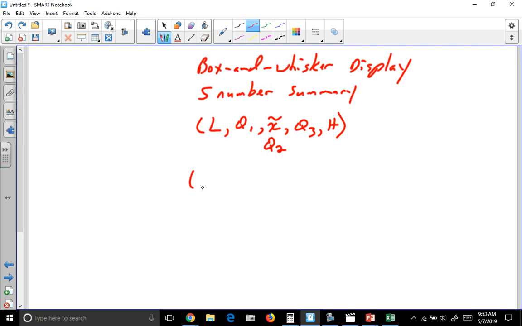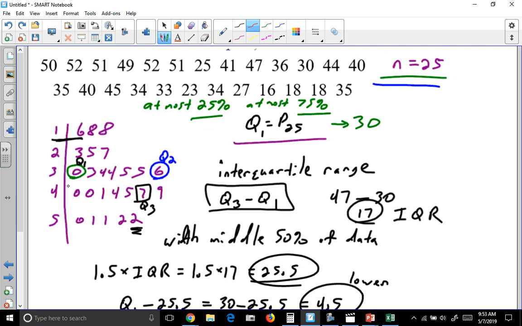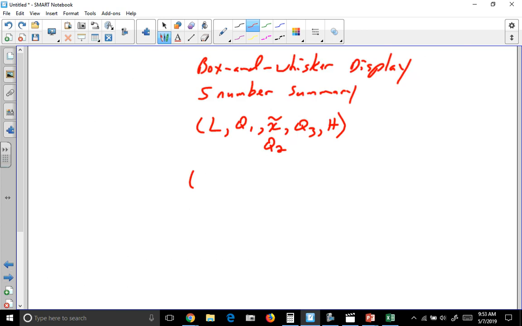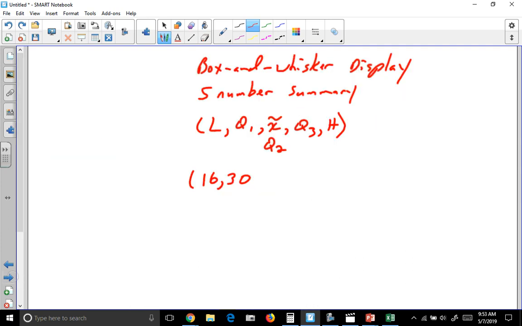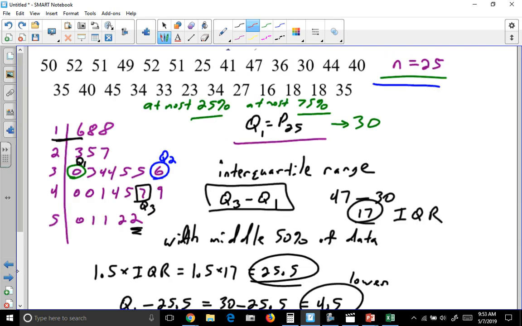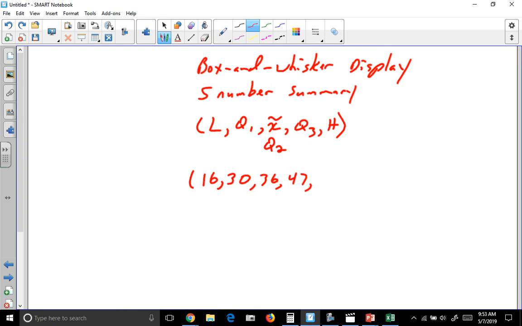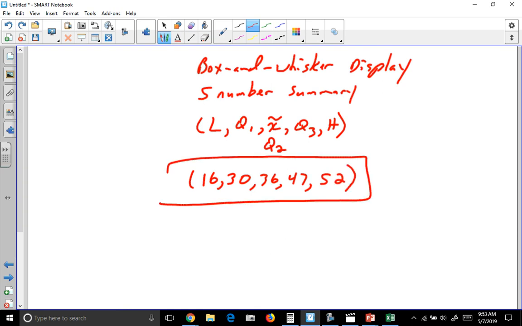So for our previous example, 16 is the lowest, 30 was the first quartile, the median was 36, 47 is the third quartile, and the highest value is 52. So that's our 5-number summary.